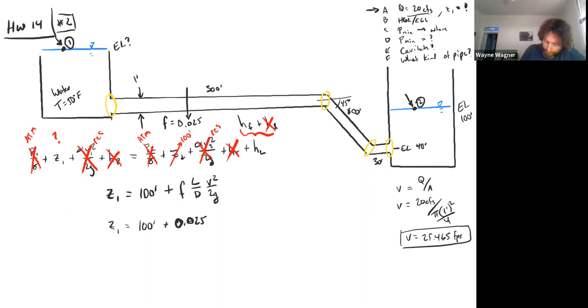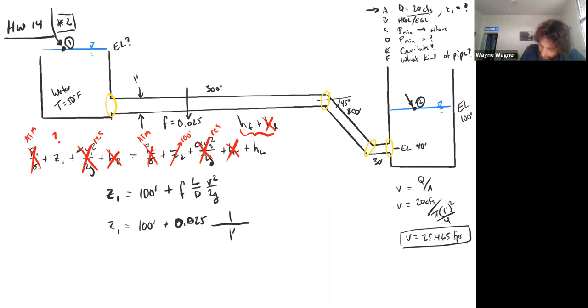So L over D. I'm actually going to do something a little bit unusual here: I'm going to separate those two. I'm going to do 1 over D, where D is 1 foot, and I'll explain why in a second. It'll be obvious, or hopefully it'll make sense. Okay, and then I'm going to do V squared on 2g, ignoring the L for a second.